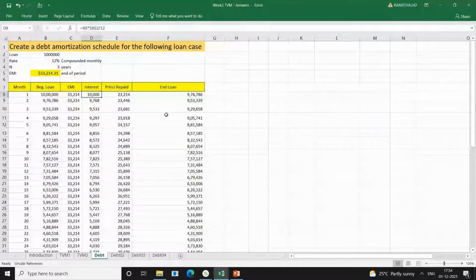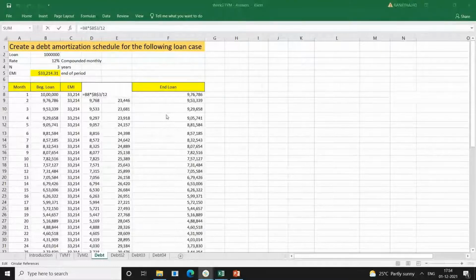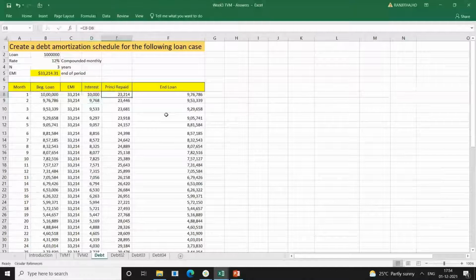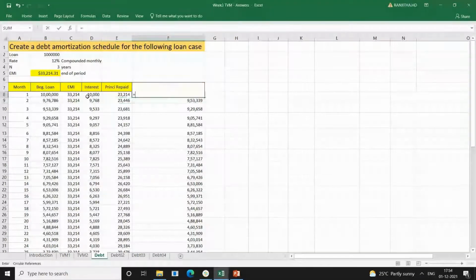Interest. Principal repaid is EMI minus interest. End loan will be beginning loan minus principal repaid.